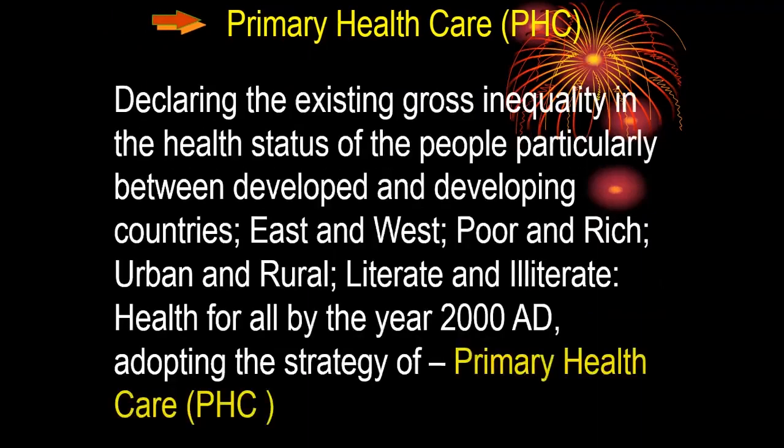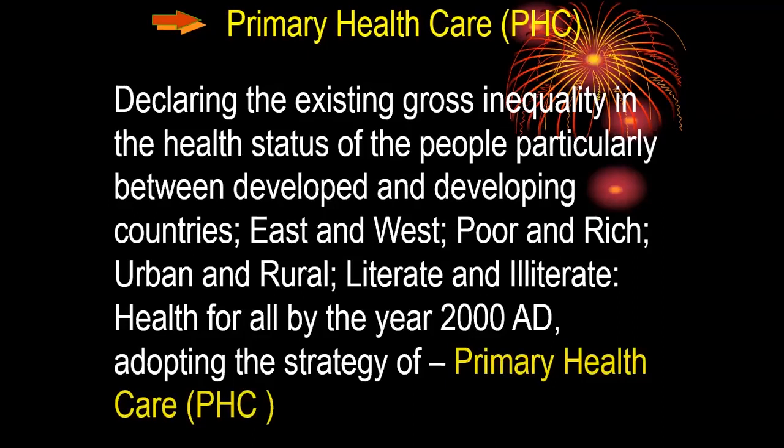Declaring the existing gross inequality in the health status of the people, particularly between developed and developing countries, East and West. East and West means the Western countries are developed and most of the Eastern countries are developing and underdeveloped. Poor and rich of the same country, urban and rural, literate and illiterate. Health for all by the year 2000 AD, adopting the strategy of primary healthcare.